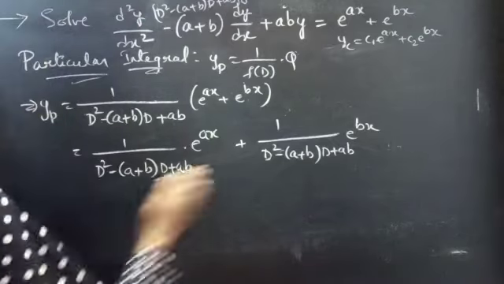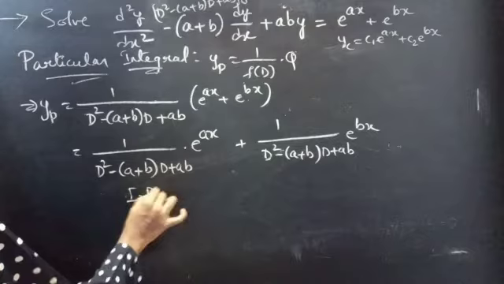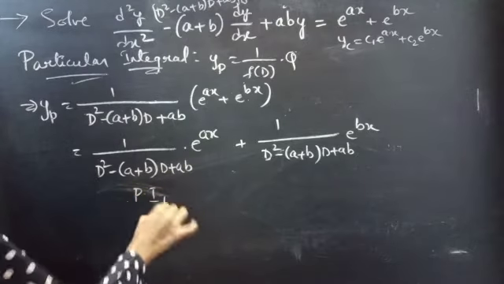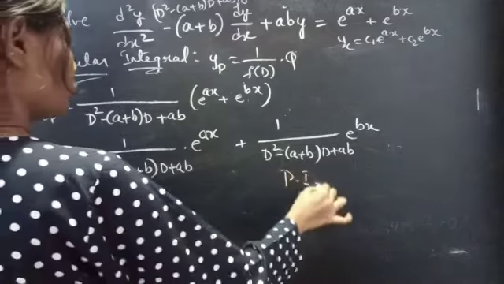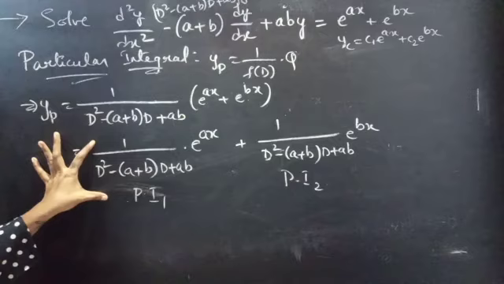You can just consider as particular integral 1, particular integral 2 for our convenience. You'll find separately. First we'll find this.